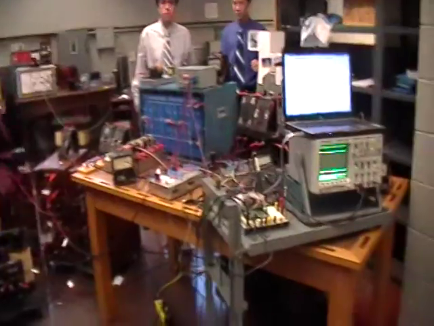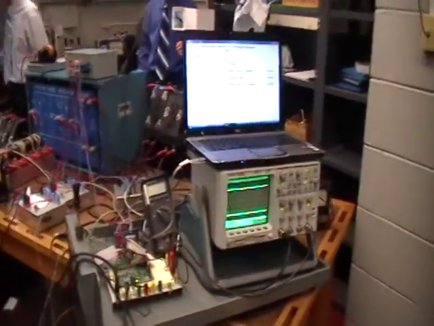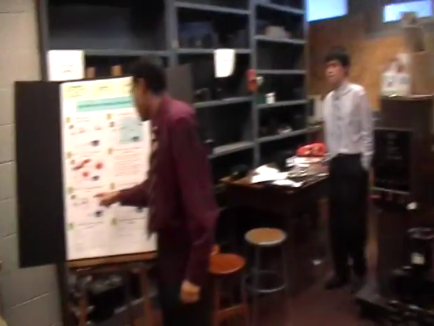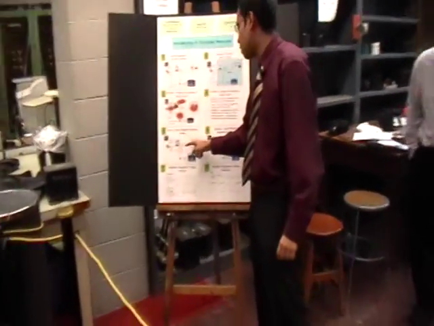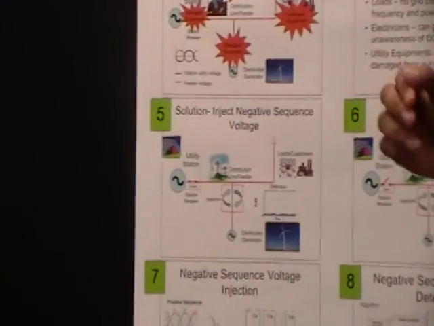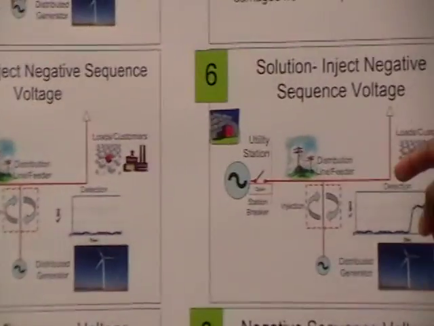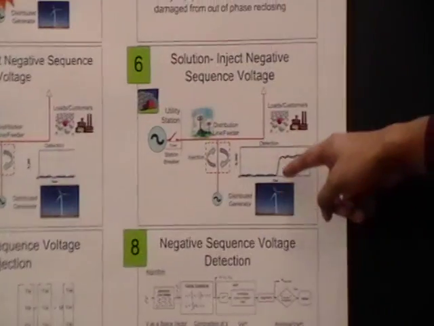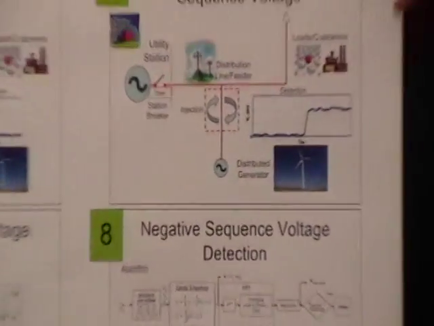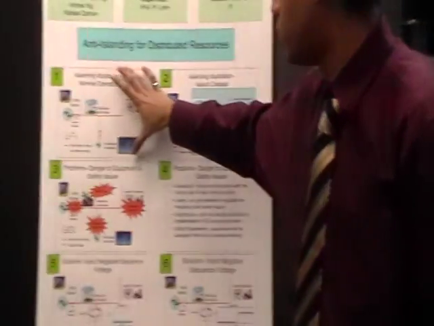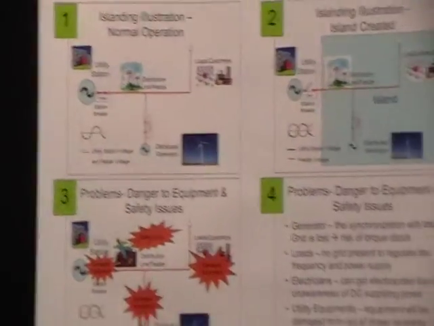Once that happens, how are we going to detect this situation? First, we're injecting a negative sequence signal into the grid continuously, and we're monitoring it at the same time. Right when islanding occurs, the negative sequence signal is going to shoot up, and we're going to use that to detect islanding. So right now we're going to turn on our systems to simulate scenario 1, the normal case.